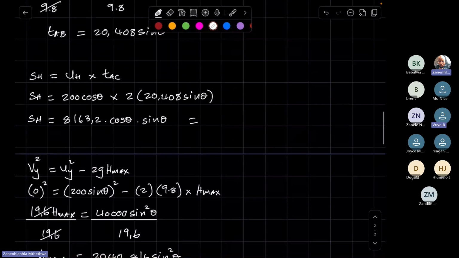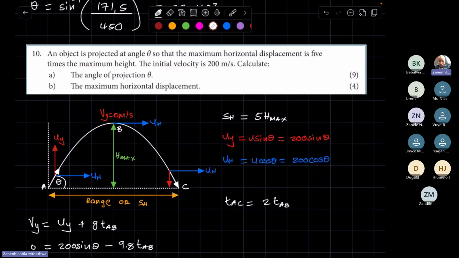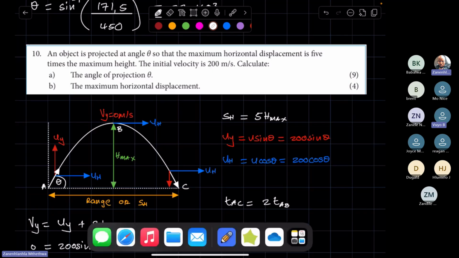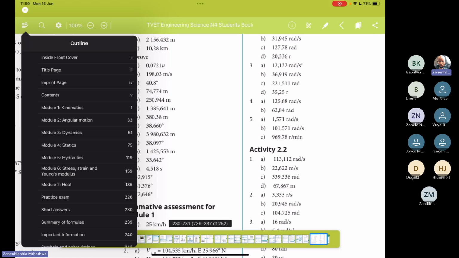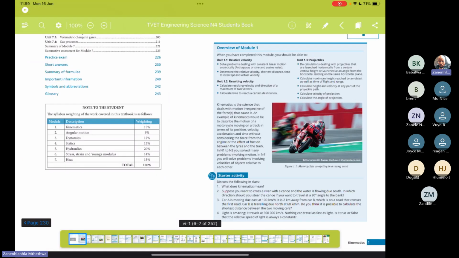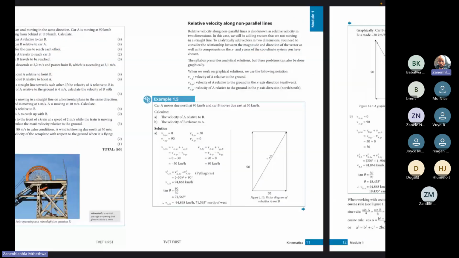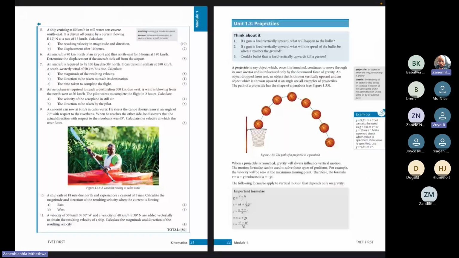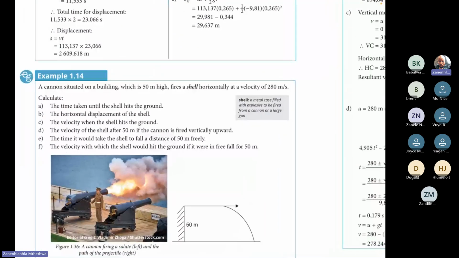Sir, could you also do an example in the textbook? Which example? Example 1.14 on page 24 of the new textbook. This one.